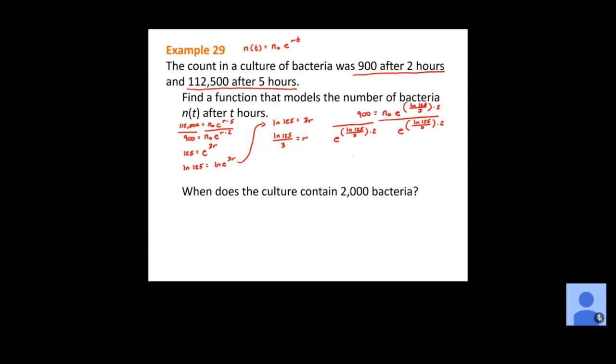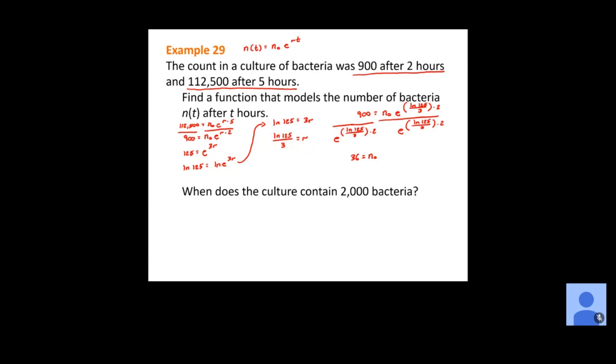Perfect. That should give us 36 equals N sub 0. And again, you could have just done e to that power, gotten the decimal, and then done 900 divided by that decimal. You'll get the same thing. Right? So either way you want to do it's fine.